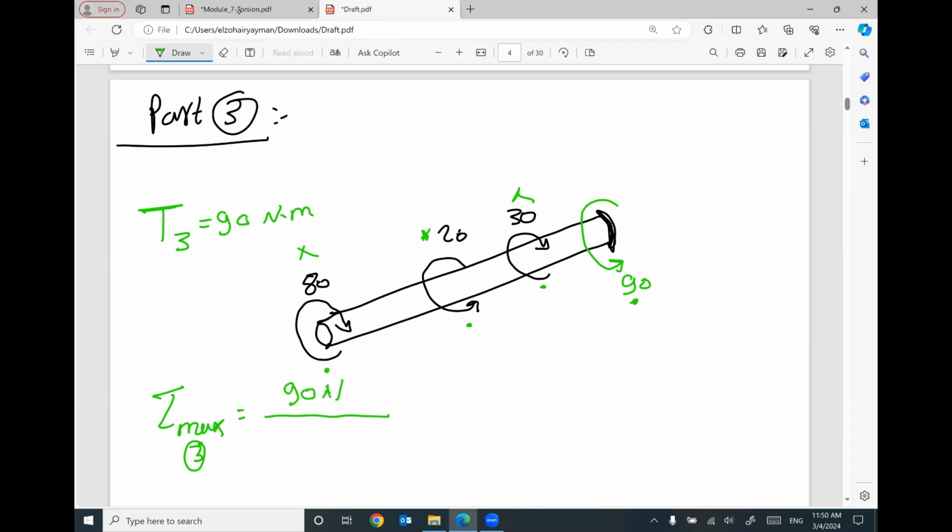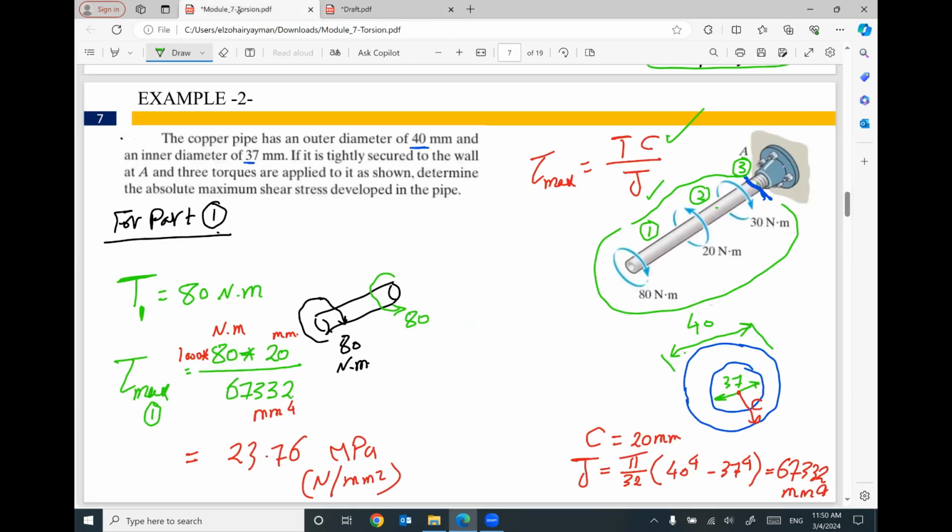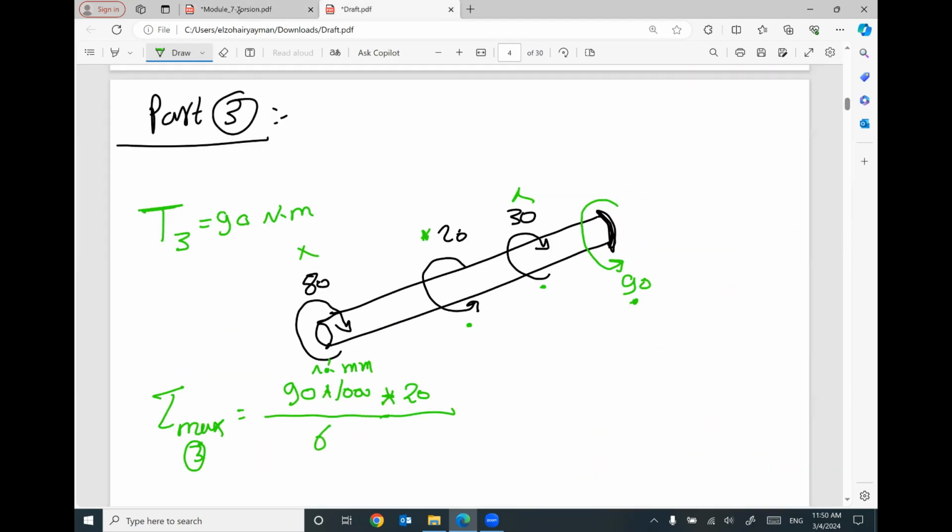I'm going to multiply it by 1000 to be Newton millimeter, times radius equal 20 millimeter, divided by J, which is 67,332. So the maximum shear stress in this part will be 26.73 megapascal.